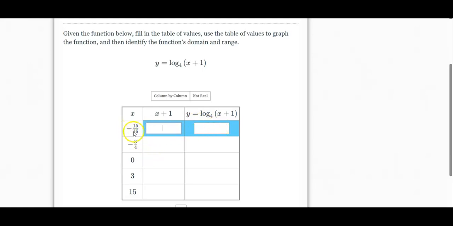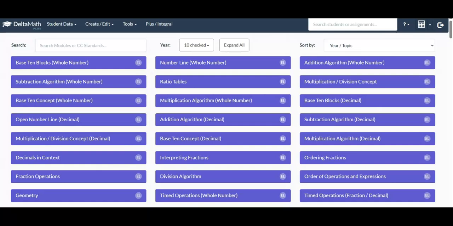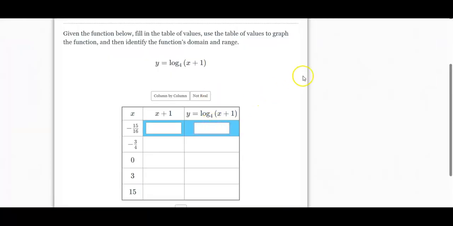If my x value is negative 15 over 16, you can just go to Desmos and type in negative 15 over 16 plus 1. Then I can use Desmos to find the second part of the column, which I think was log base 4, x plus 1, and my x is negative 15 over 16.